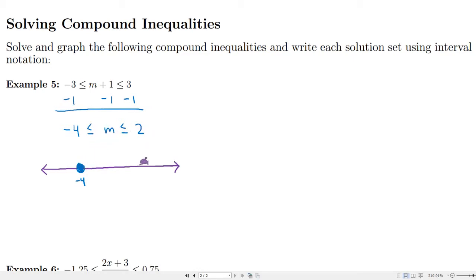And m is going to go up to 2, and we're also going to fill that in because we're including 2. So that's the graphical version of this compound inequality, right? And what does that look like in interval notation? Well, -4 inclusive with the square bracket, and 2 inclusive with the square bracket. And that's it.